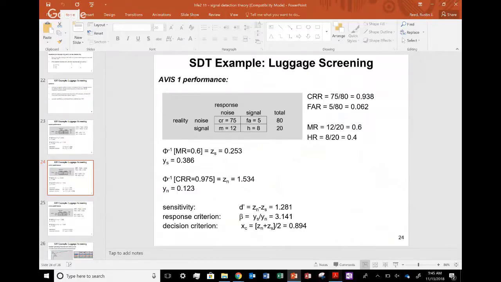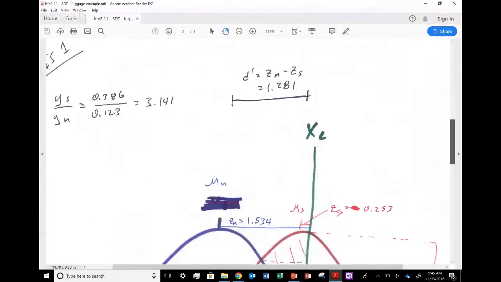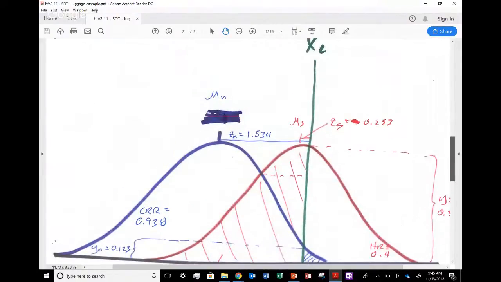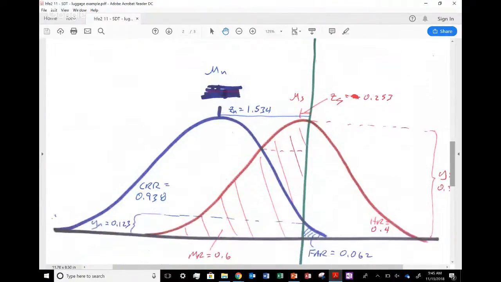Not the sort of sensitivity you want for this instance. So you can see here, this is an example where both Z's were positive, ZS and ZN were positive. So the decision criterion was to the right of even the signal distribution.